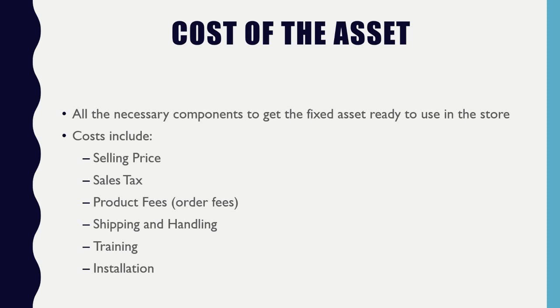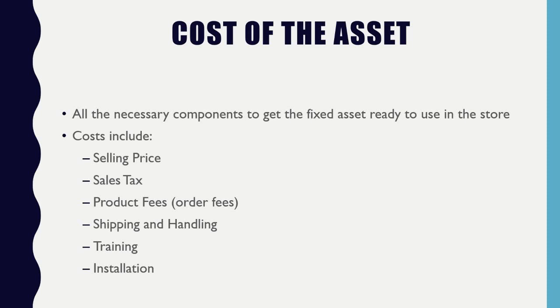Now, when we make purchases of fixed assets, we have to consider that there are many contributing factors that could be included in the total cost of the asset, right? So, inventory is every cost it takes to get the asset to the store, right? Fixed assets are going to be everything it costs you to get the asset ready for service. Okay?